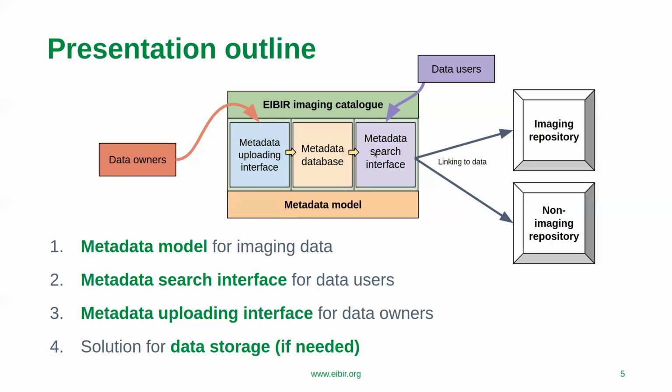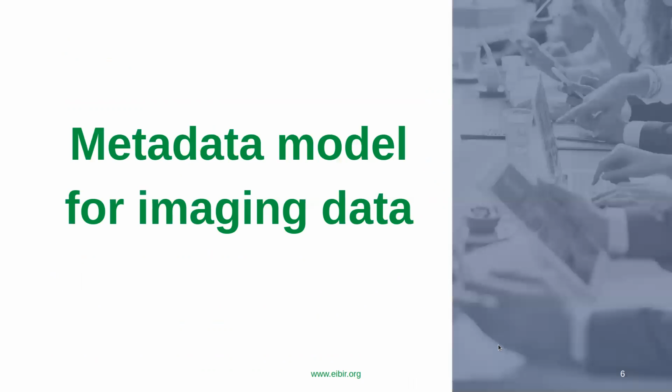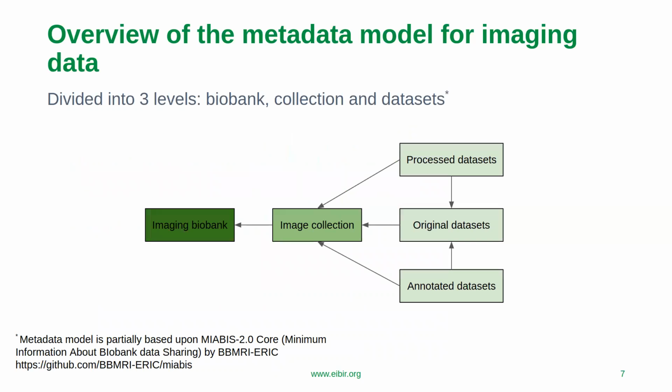I'll also show the metadata search interface, then how to upload the metadata, that's for data owners, and how all the image collections are linked to their corresponding data. So I'll show the linkage, and also a solution for data storage, and this is just if needed.